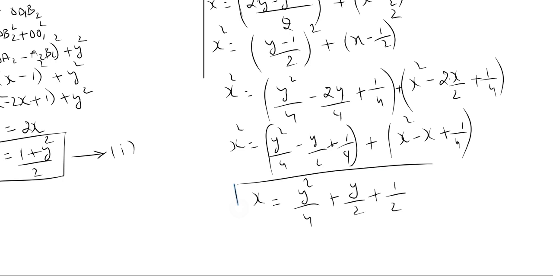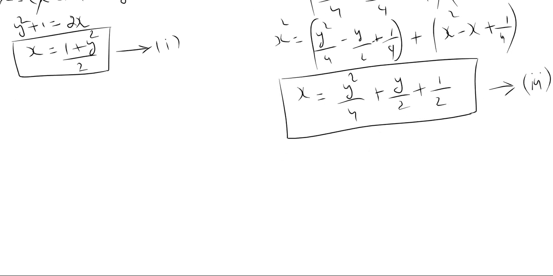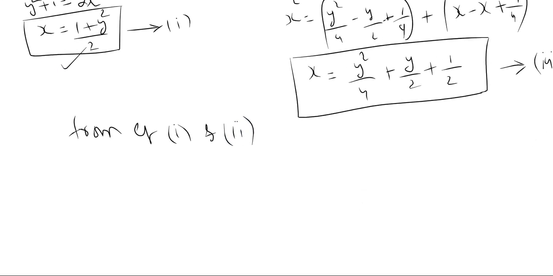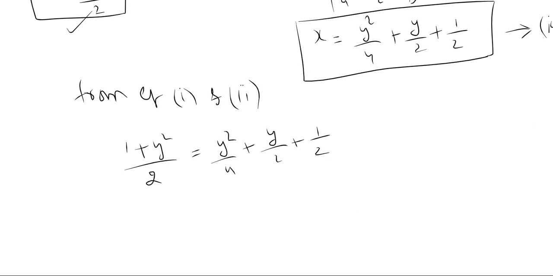Now let us consider this equation as 2. Okay, now consider this equation as 2. Now from equation 1 and 2, this will be our first equation. So 1 plus y square by 2 should be equals to y square by 4 plus y by 2 plus 1 by 2.